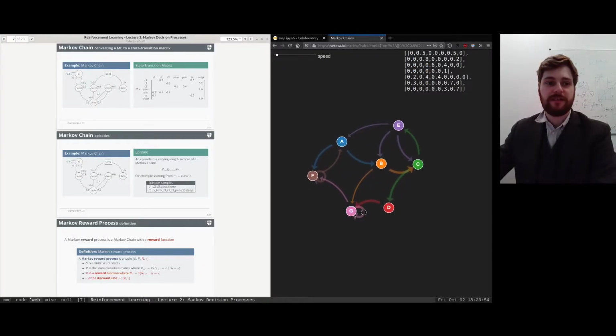Currently it's stuck in one of these self-transitioning states, and now it's playing an episode. You can see how it transitions around the states with some probability. Here it's stuck in this self-transitioning state G again. Maybe that's watching TV and so on. I've just removed the terminating state here, otherwise it would get stuck and be a bit boring.